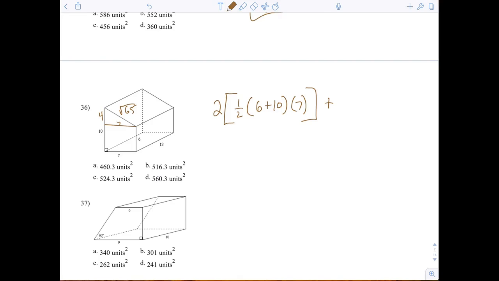So now we're going to do plus 11 plus square root 65 times 13. Casey, am I making sense on that? Yes, that's fine.